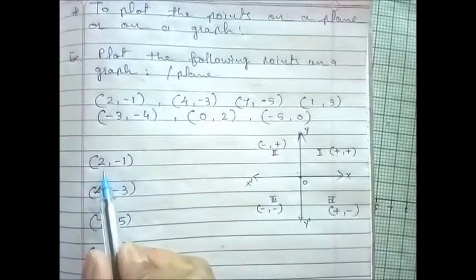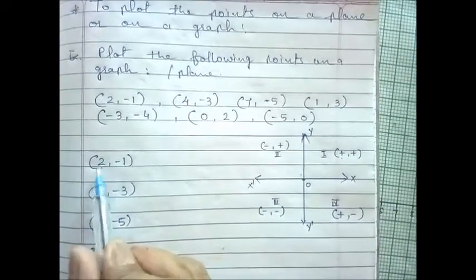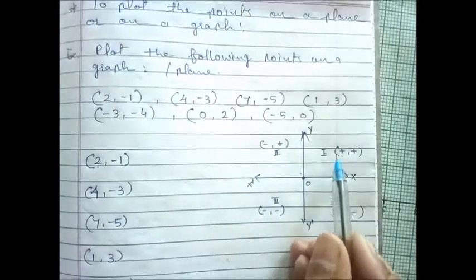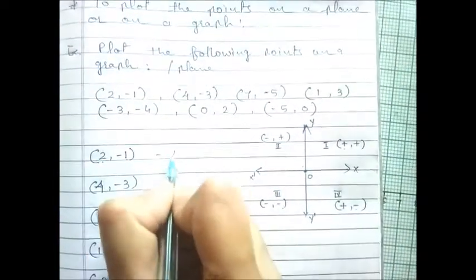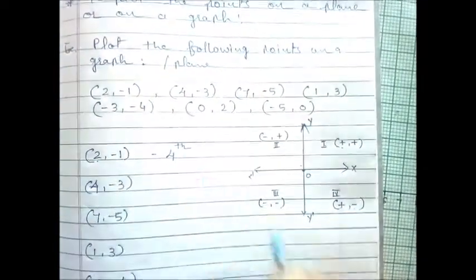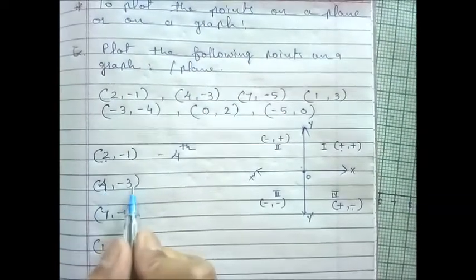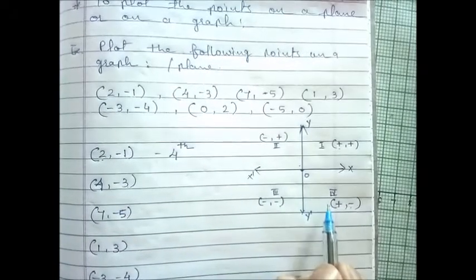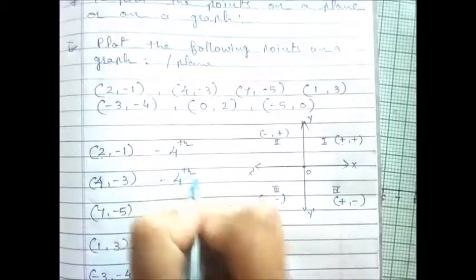Now see the first one, first will always be x and second will be y. So x plus and y minus, so where is it? X plus here, yes here. So this will be in the fourth quadrant, right? See the second one, x plus and y minus, where is it? Again it is in the fourth, right?